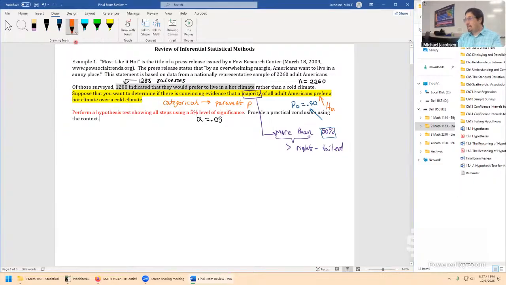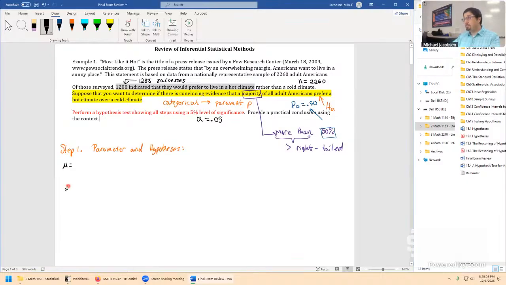Now, on a step-by-step guide, here is a highly recommended step 1. Parameter and hypotheses. So let's start out with the parameter, mu.